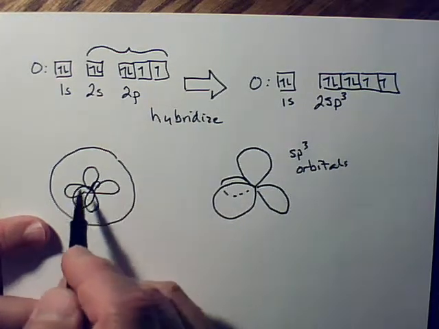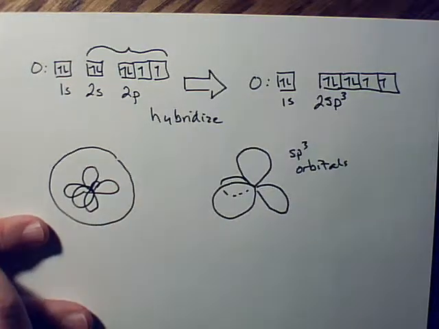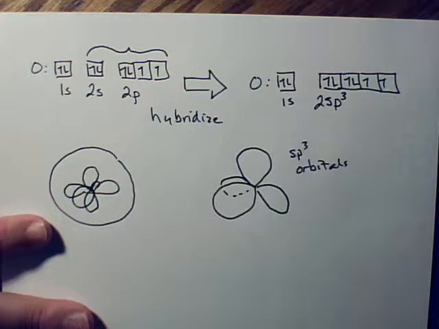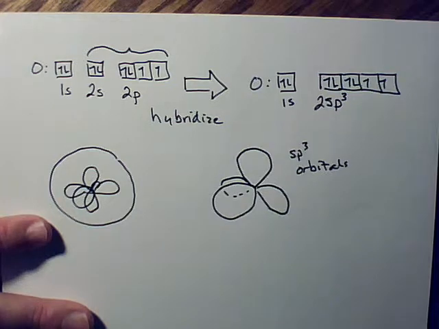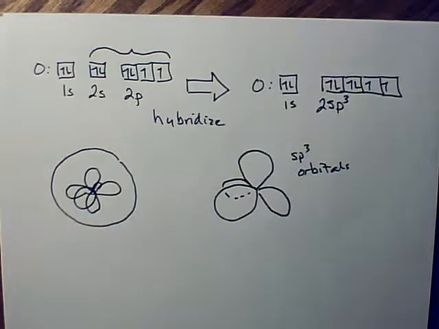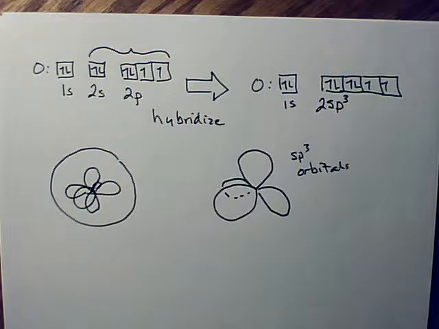Because there's one s and 1, 2, 3 p's. Remember our balloon shapes? Right? One s. In our model up here, above the screen, the 2 green balloons make up a p orbital, 2 yellow balloons make up a p orbital, and the 2 orange balloons make up a p orbital. Over there, I've got a similar set of p orbitals.